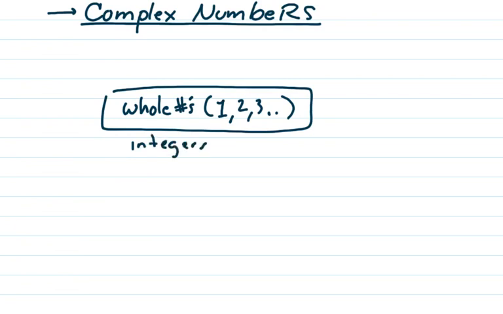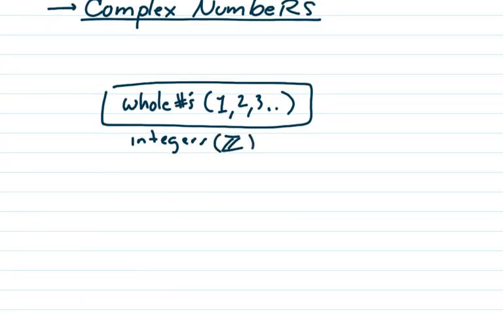Integers are usually written as a double-bar Z. It's in German. And they include negative numbers and 0, right? Okay.